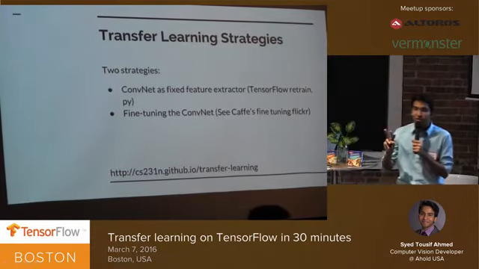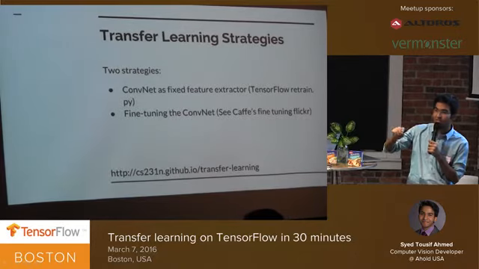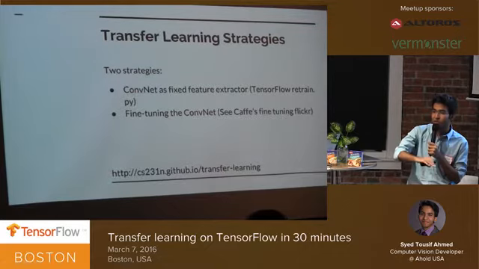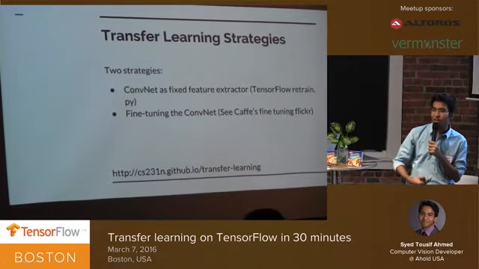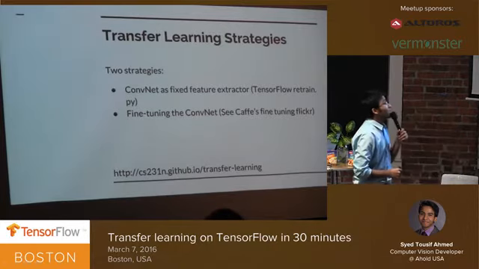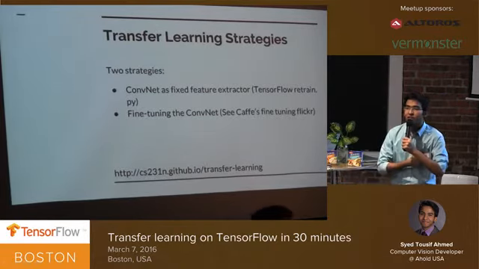What I mean by the two strategies is, the first strategy, going back to the BMW model, you already know the car, and you just want to say, okay, this is a BMW car. The second one is fine tuning.